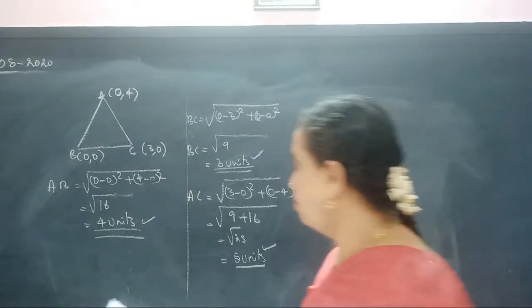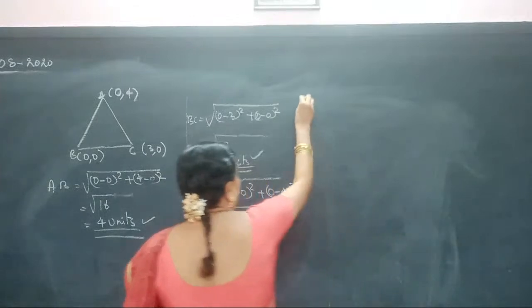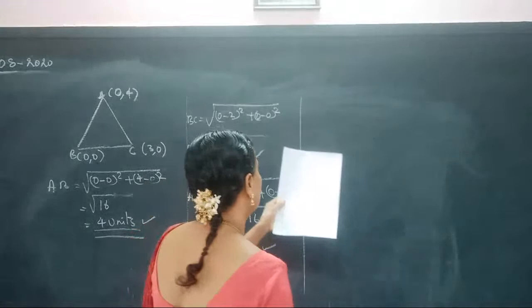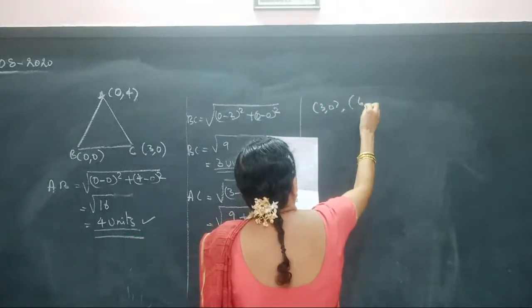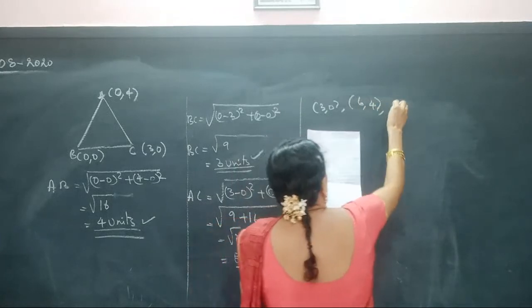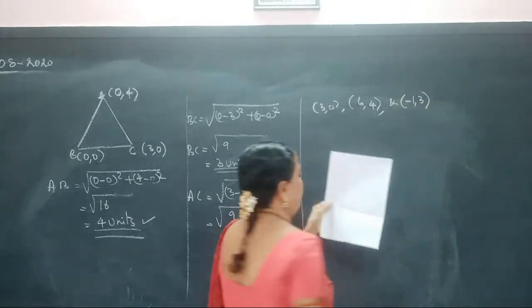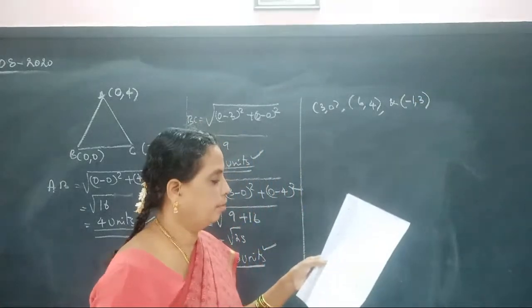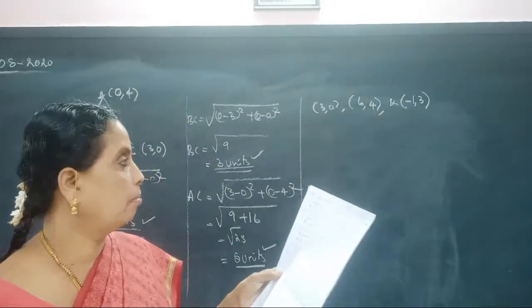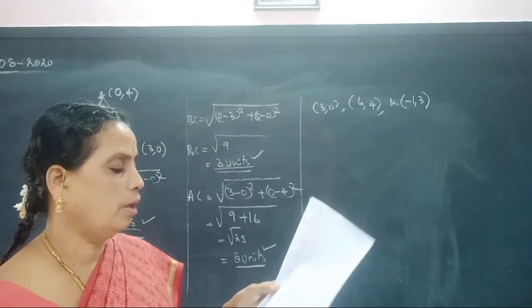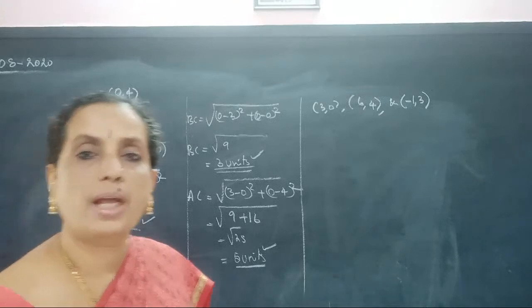Prove that the points (3, 0), (6, 4) and (minus 1, 3) are vertices of a right angle isosceles triangle.